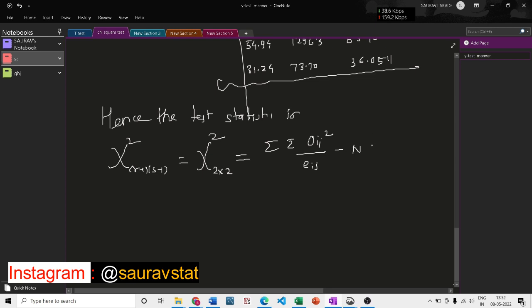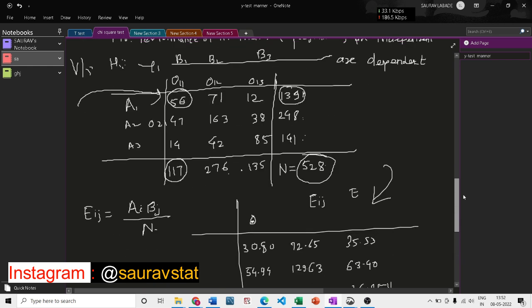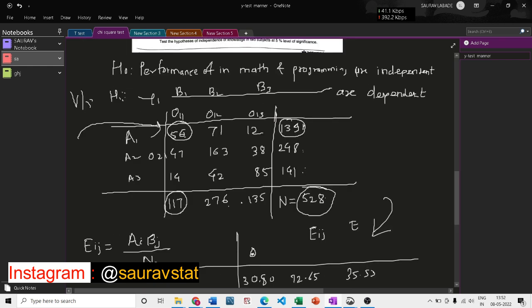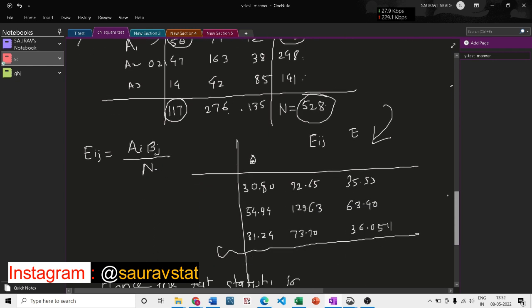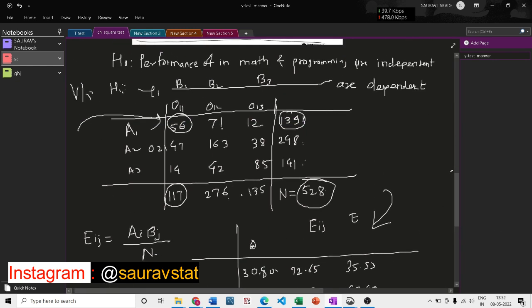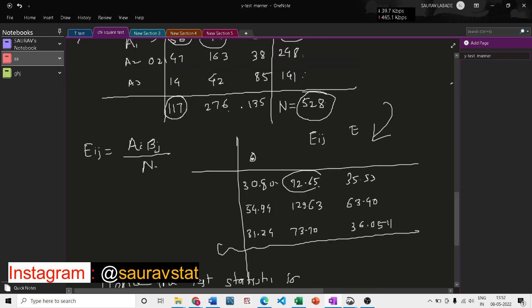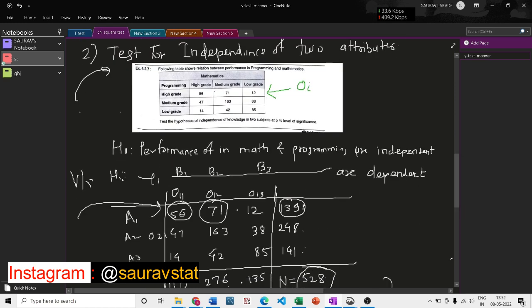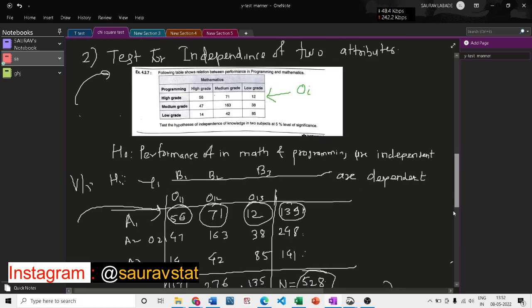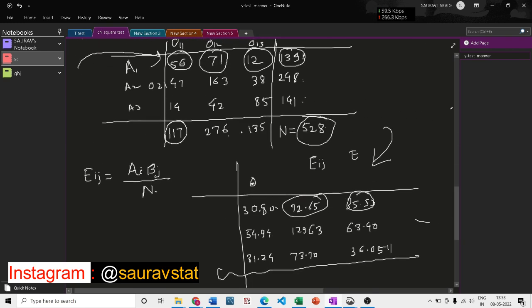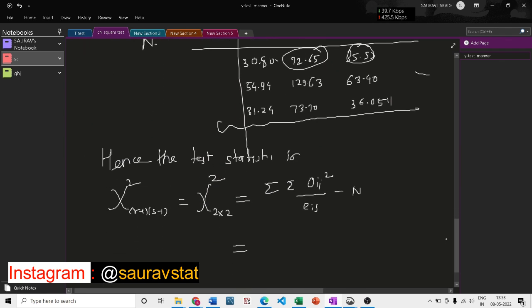And this will follow the chi-square distribution. That means I have to take the square divided by the respective Eij, again the square of this divided by this, square of this divided by this Eij. That we have to just take, right?